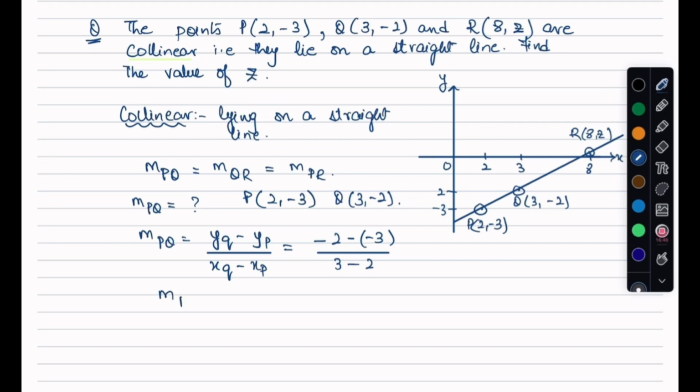Or the gradient of PQ is equal to (negative 2 plus 3) divided by 1, so this gradient comes out to be a positive 1. The line was sloping up, so it had to be positive.